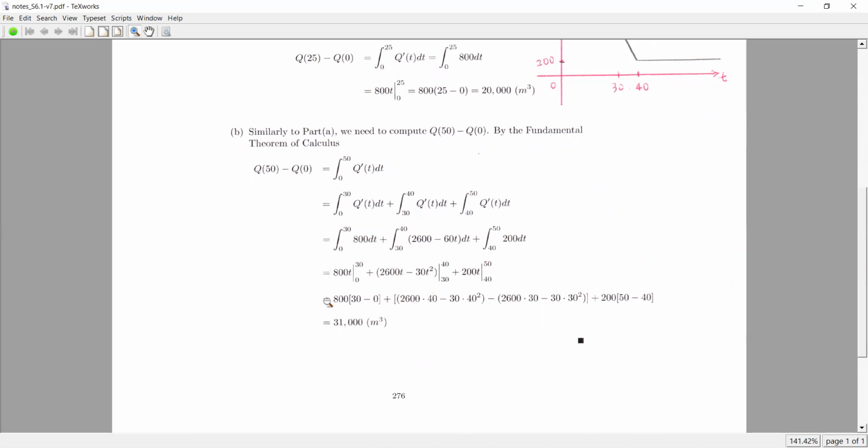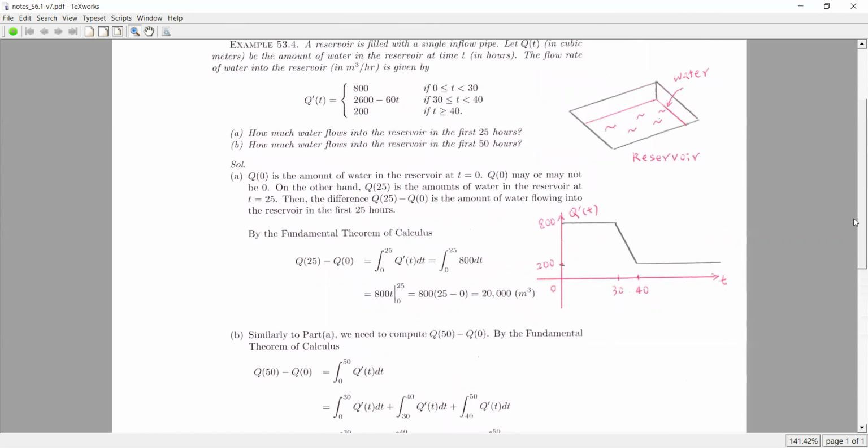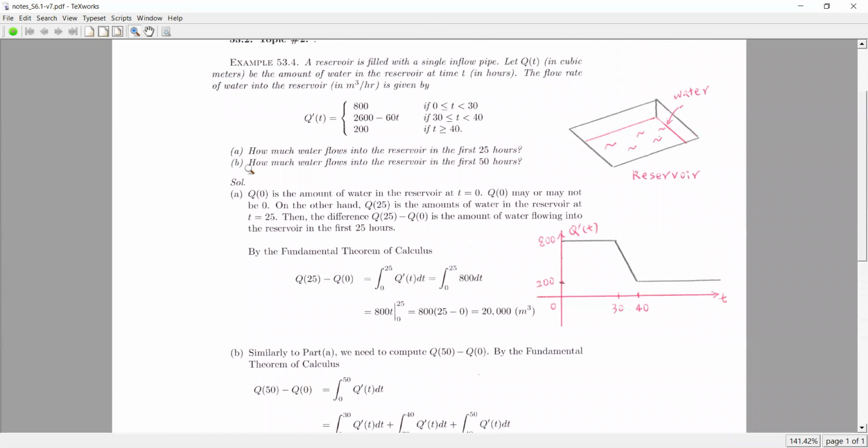Then I have this equation. By a calculator, this number is 31,000. The unit is cubic meters. Therefore, the answer to part B is 31,000 cubic meters of water flows into the reservoir in the first 50 hours.